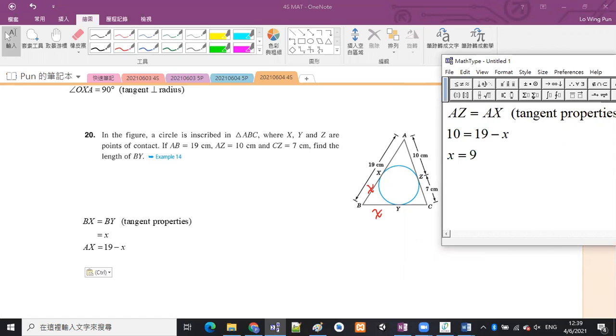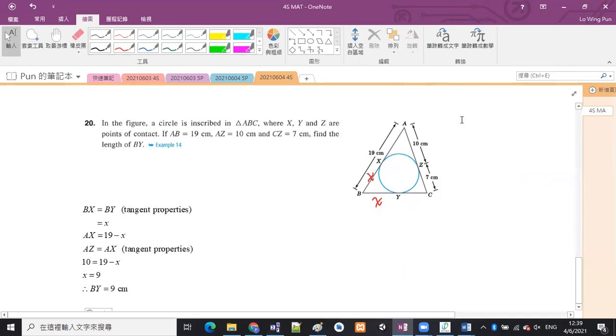So X is equal to 9. Okay. Therefore, the length of BY is equal to 9 cm. 我哋冇用到個 7 cm 好似係嘛？冇用到嘅呢度。Is that okay?